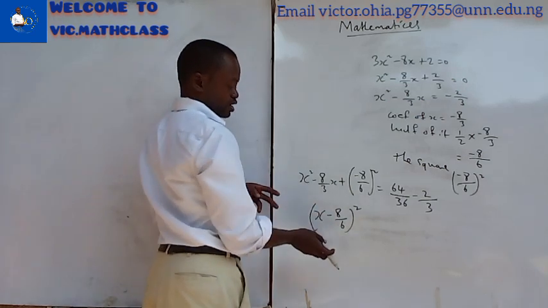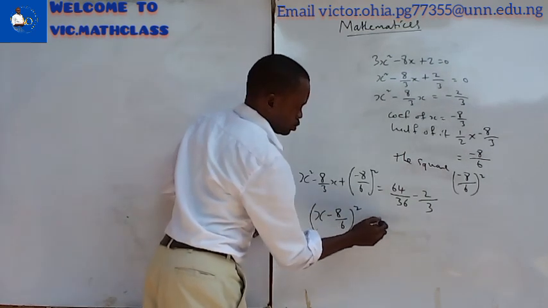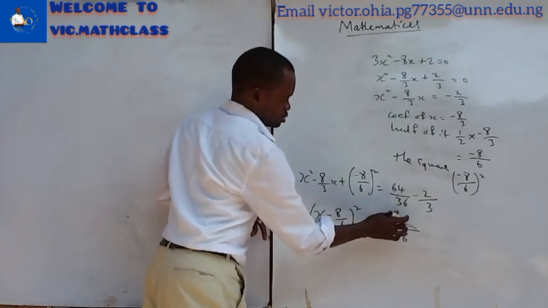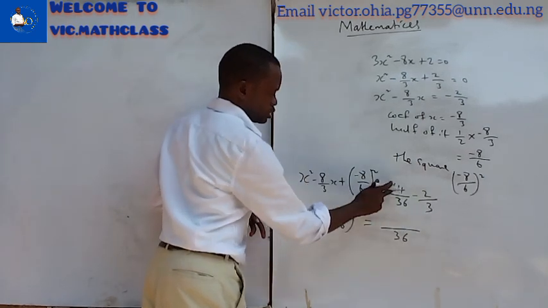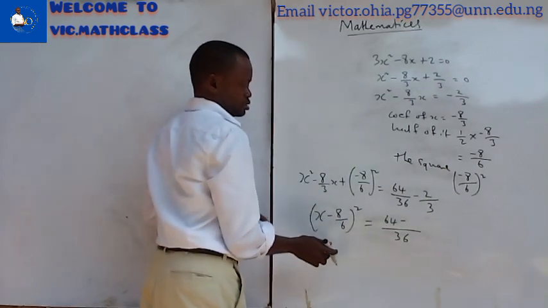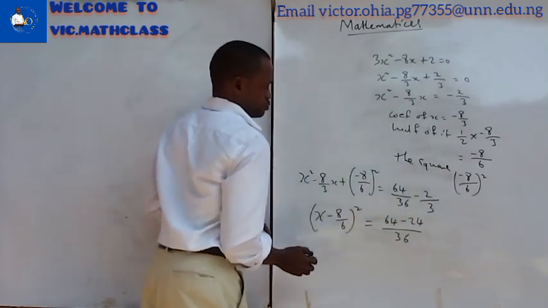If you can also verify it, you expand this to return you back to this place, equals to the LCM here is 36. 36 divided by 36 is 1 times this 64 minus this, divide this 36 is 12. 12 times 2 is 24.